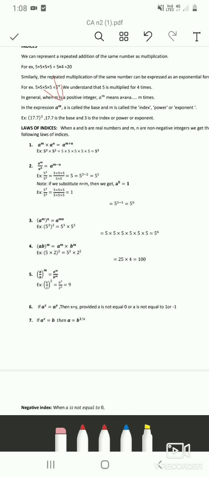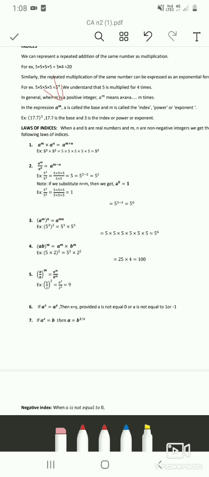The third law is a power m whole power n, which can be written as a power mn. The fourth law is ab whole power m equal to a power m into b power m. The fifth law is a upon b whole power m can be written as a power m upon b power m. The sixth law is, if a power x equal to a power y, then x equal to y, provided a is not equal to 0 or plus 1 or minus 1.